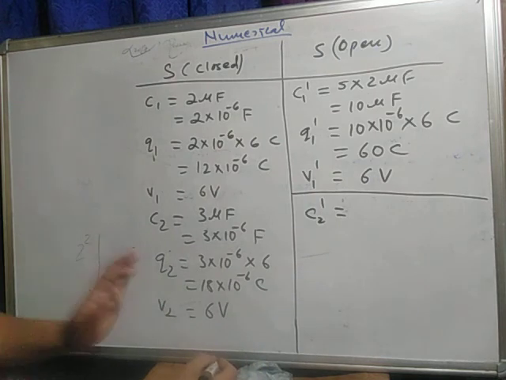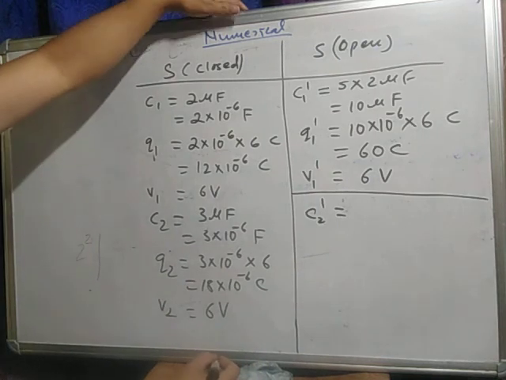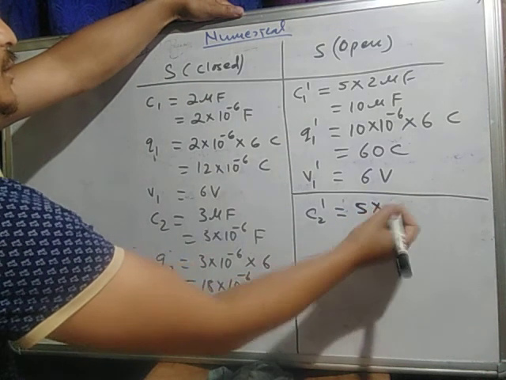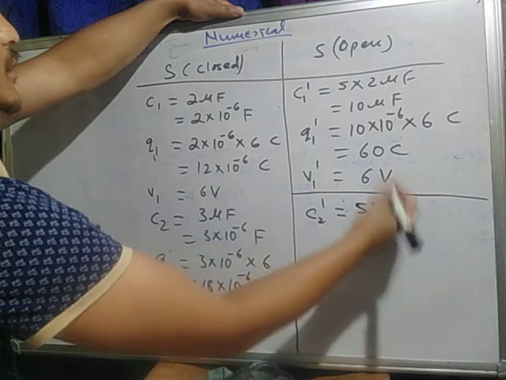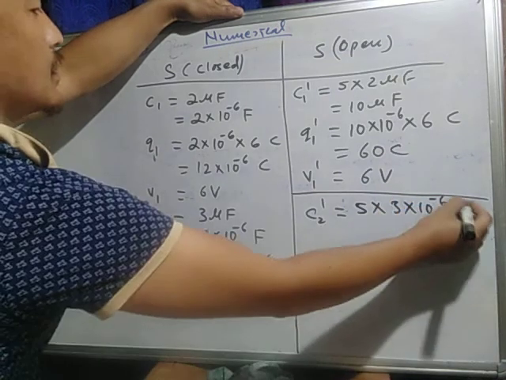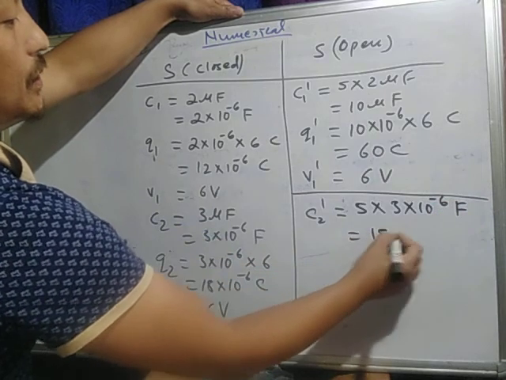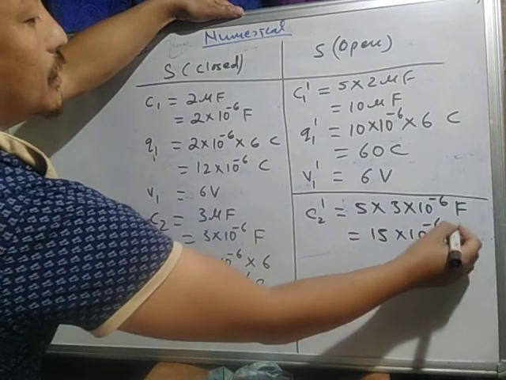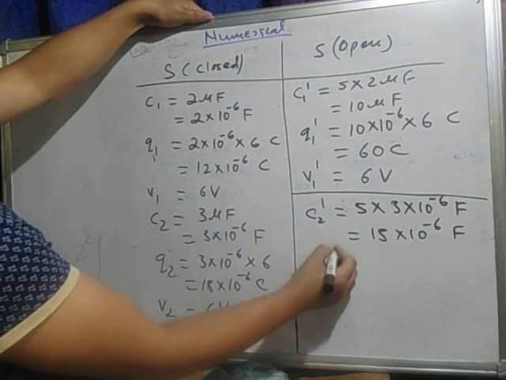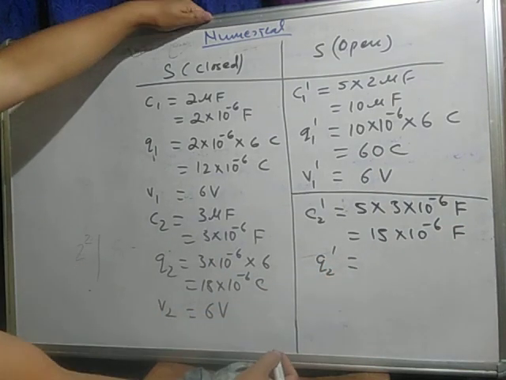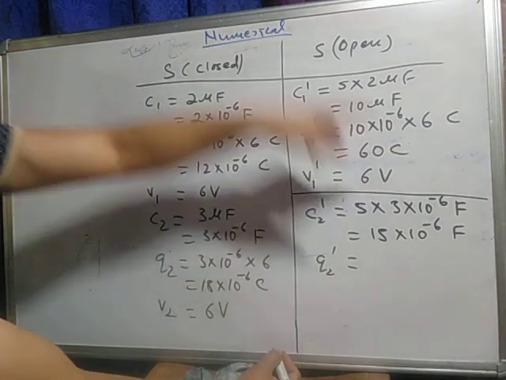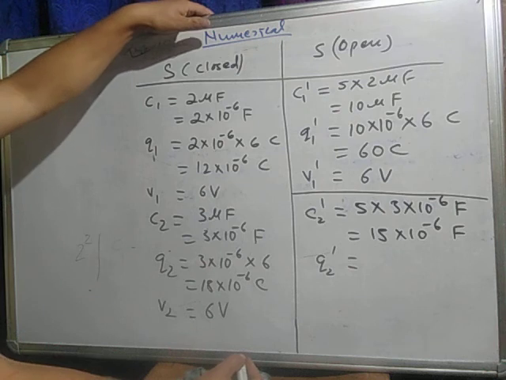When the dielectric is there, 5 into 3 into 10 to the power minus 6 farad, so 15 into 10 to the power minus 6 farad. Now see the charge Q2 dash. Q is C into V, isn't it? Yes or no?